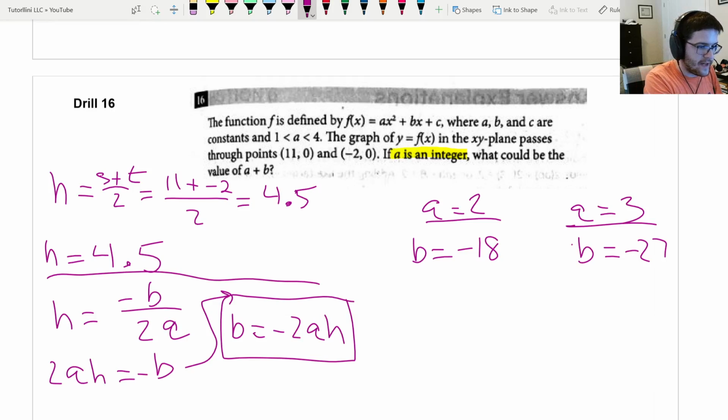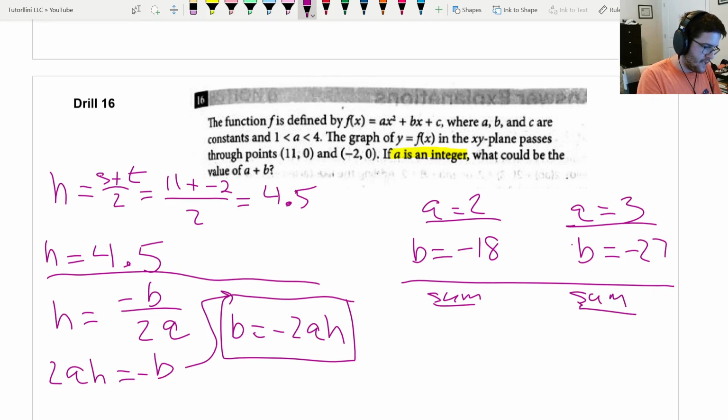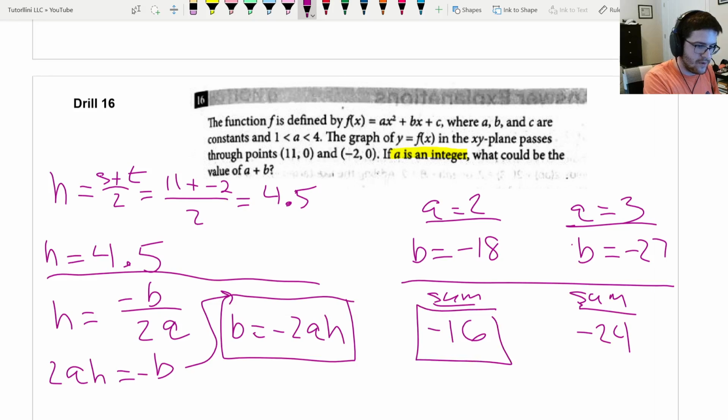And they want us to find a plus b. So the sum: 2 plus negative 18 is negative 16. And 3 plus negative 27 is negative 24. So either of those answers would be acceptable.